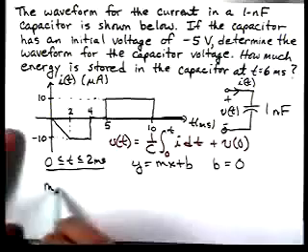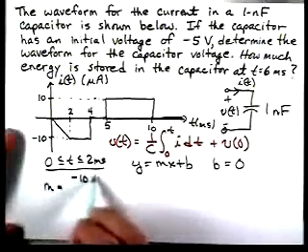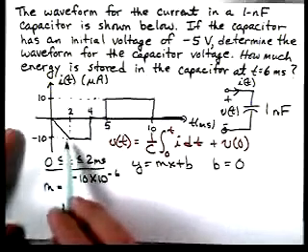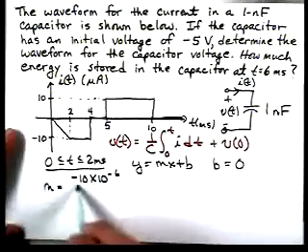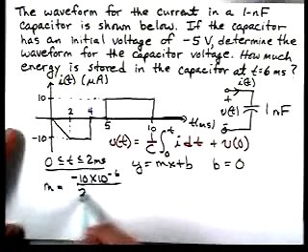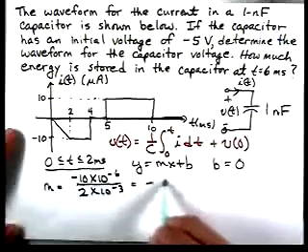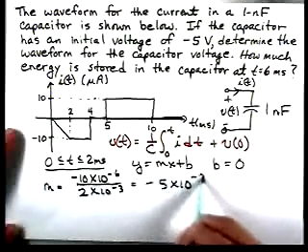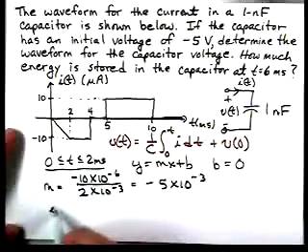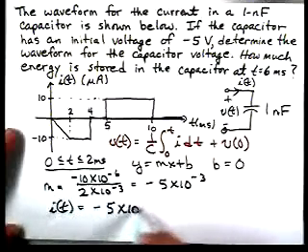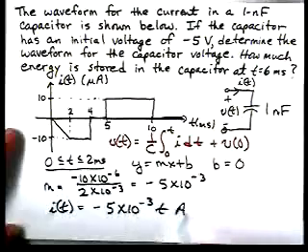Our slope is minus 10 microamps minus 0, and it does that in 2 milliseconds. So we've got minus 5 times 10 to the minus 3. So our current waveform is minus 5 times 10 to the minus 3 t amps.